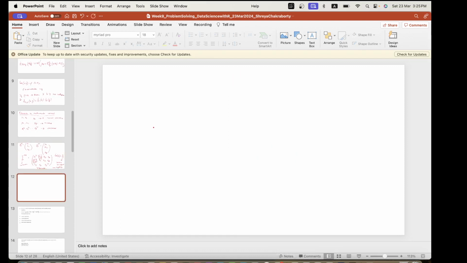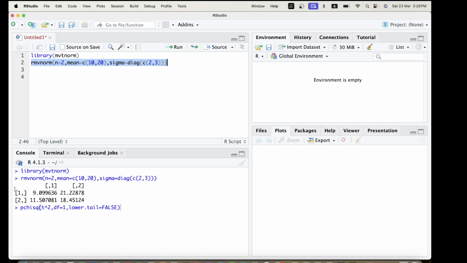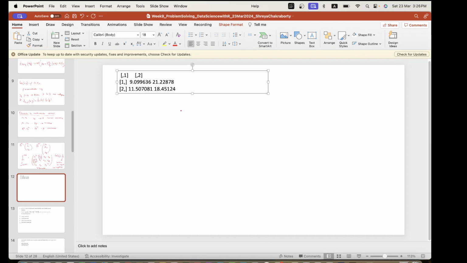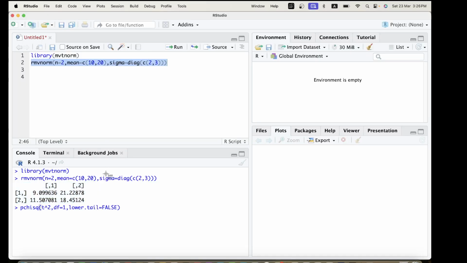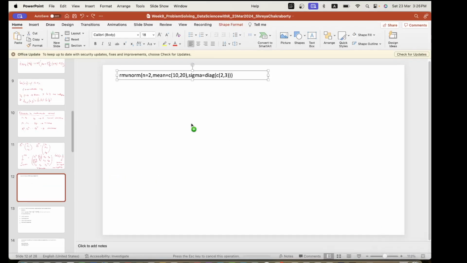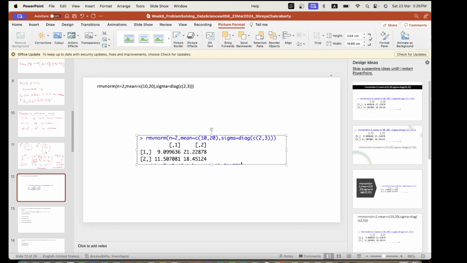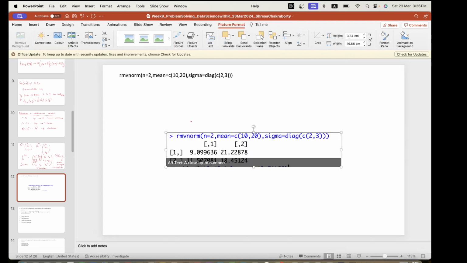So here let's say this is the command that I am using: rmvnorm, n equal to 2, mean c(10, 20), sigma diag(2, 3). Then what is it exactly that I am generating? This one is going to give me some output. The output is given below. This is what I got from my R console using this command.